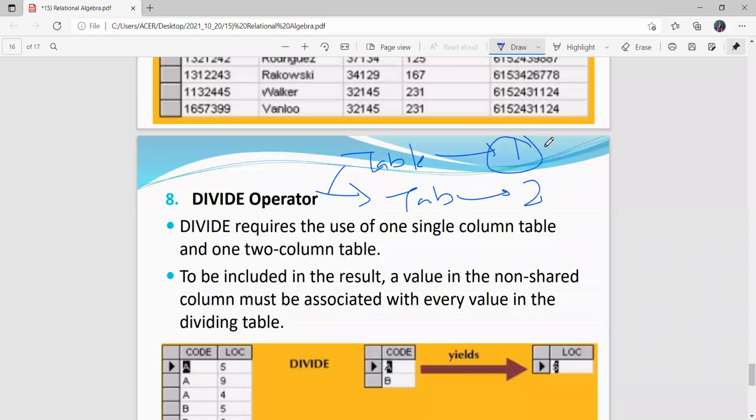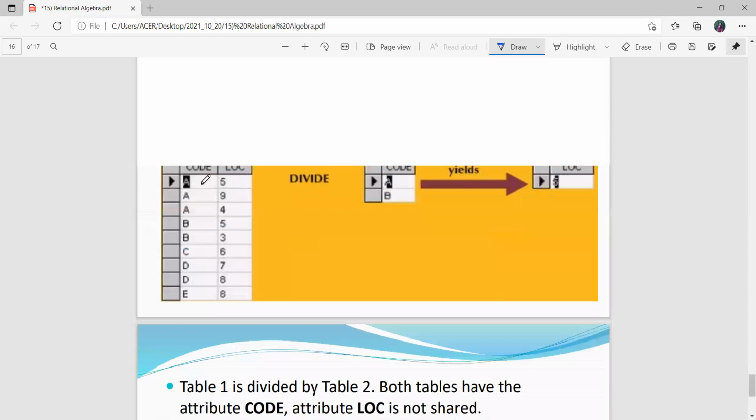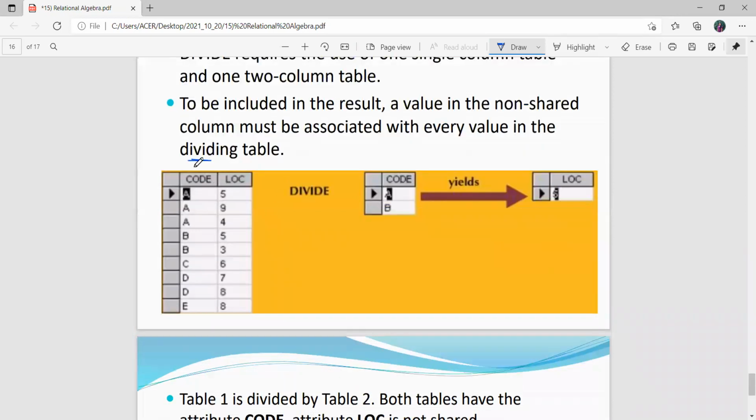In the result, a value in the non-shared column must be associated with every value in the dividing table. So you can see this is T1, this is T2. Now we are going to find T1 divide T2.